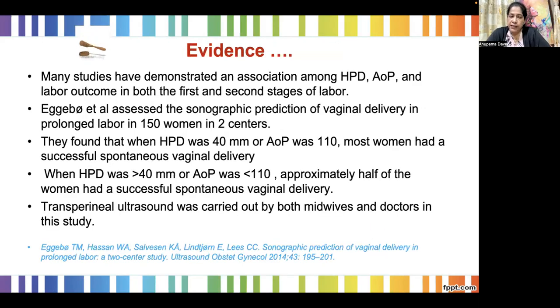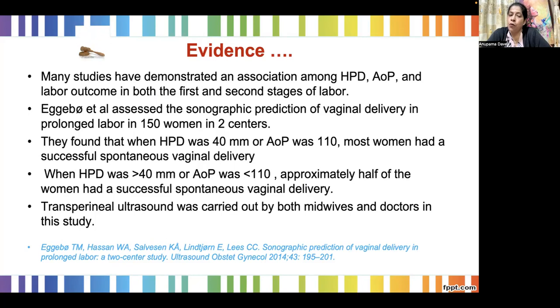Now, if you look at evidence, many studies have demonstrated an association among head perineum distance, angle of progression, and labor outcome in both first and second stages of labor. Egebo et al. assessed the sonographic prediction of vaginal delivery in prolonged labor in 150 women in 2 centers. In their study, they found that when head perineum distance was 40 mm or less, or angle of progression was 110 or more, most women had a successful spontaneous vaginal delivery.